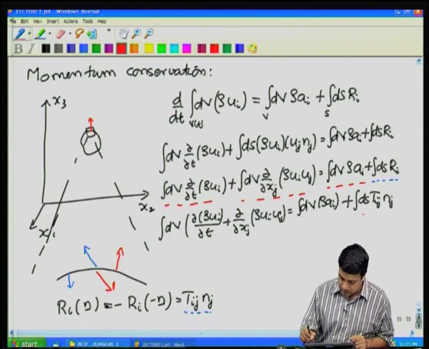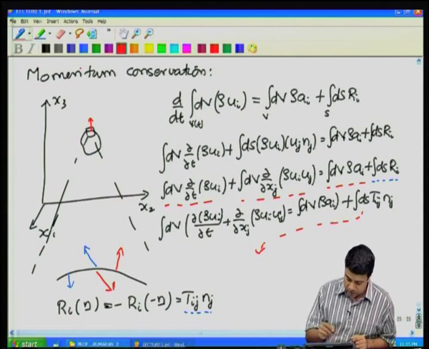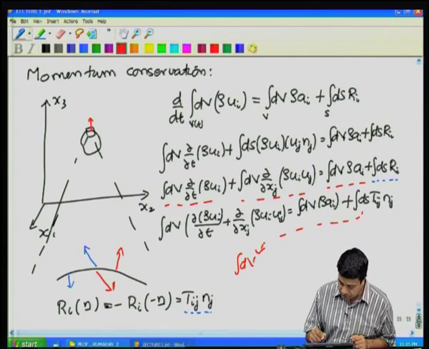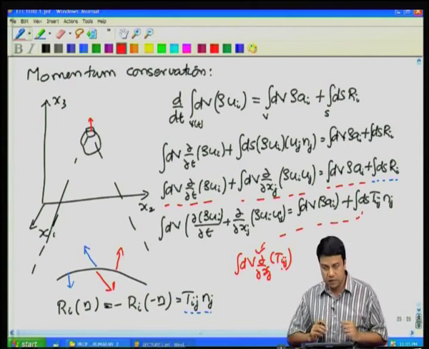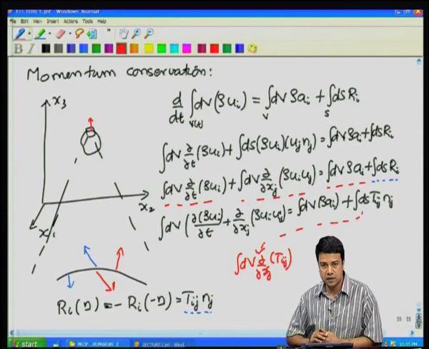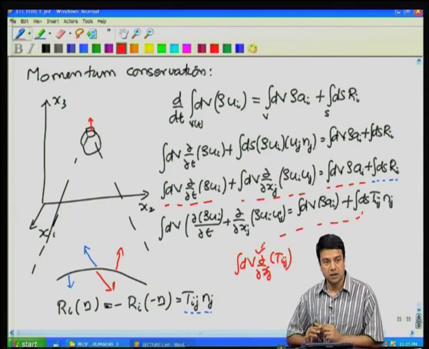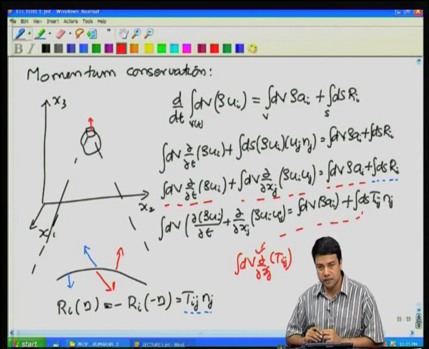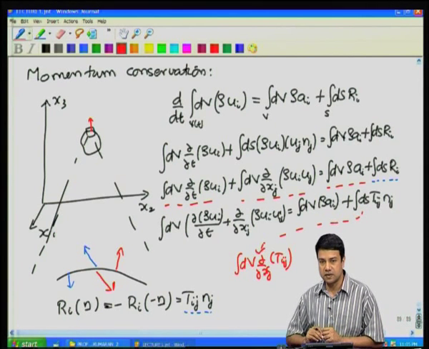And this last term here I can also write as a volume integral, integral dV of partial by partial xj of Tij. Once I write that as a volume integral, then all terms are proportional to the volume. This equality has to be satisfied for any differential volume that you take. Therefore, it has to be satisfied at each and every point within the fluid. Okay, so, that is the idea.